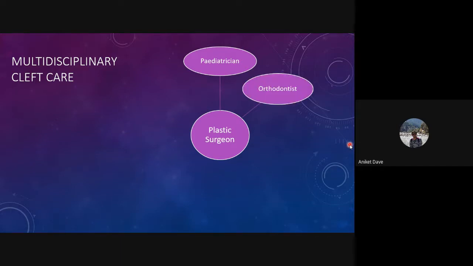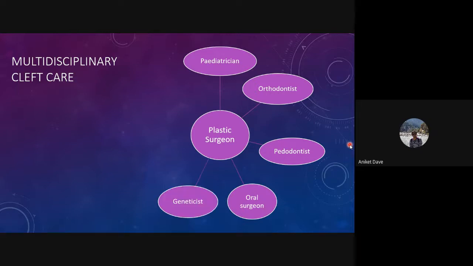The other parts of the team are the orthodontists who play a very important role, which I'll be discussing in more detail later. The pedodontists and the oral surgeons also have a role to play, especially for those who perform orthognathic surgeries. There are geneticists who need to evaluate other congenital problems. A social worker is often required to help integrate these patients back into their social life.